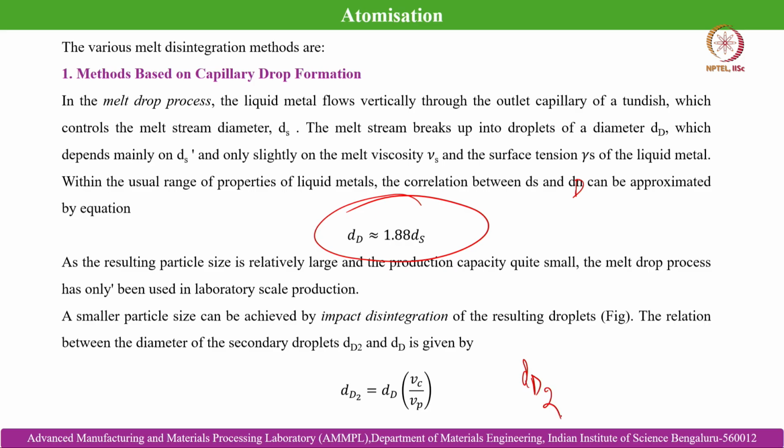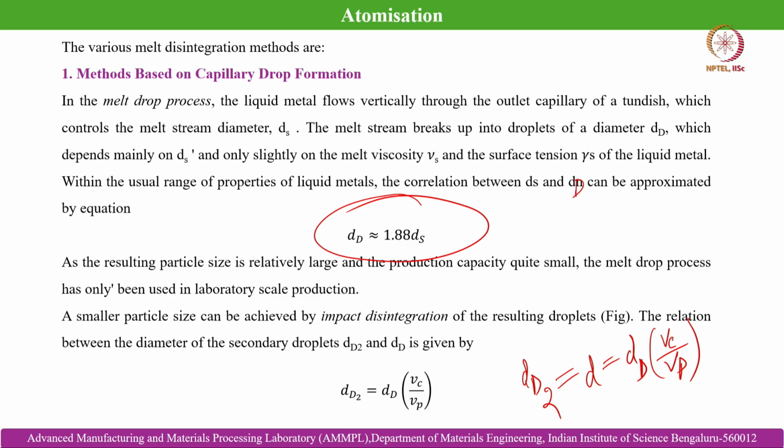We can evaluate the size of the secondary droplets d, which is equal to the primary droplet diameter dd times Vc by Vp. A smaller particle size can be achieved by impact disintegration of the resulting droplets.